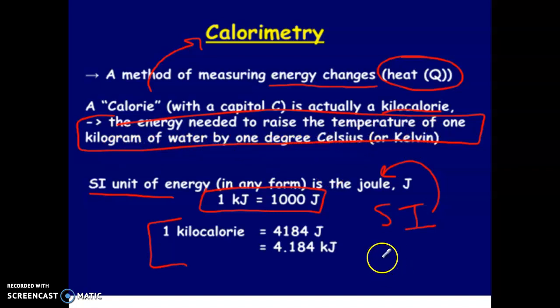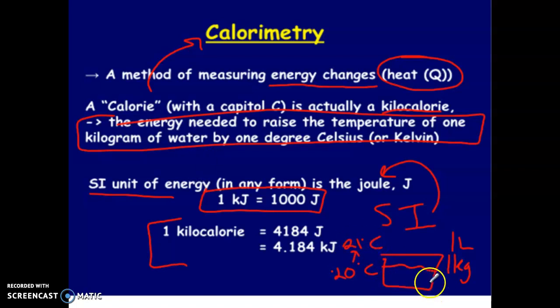Essentially, imagine you took a kilogram of water, or essentially 1 liter of water, right? We want to go from 20 degrees Celsius to 21 degrees Celsius. The amount of energy needed to raise that 1 degree is essentially the definition of a calorie.